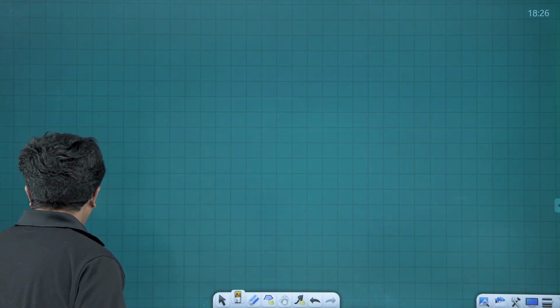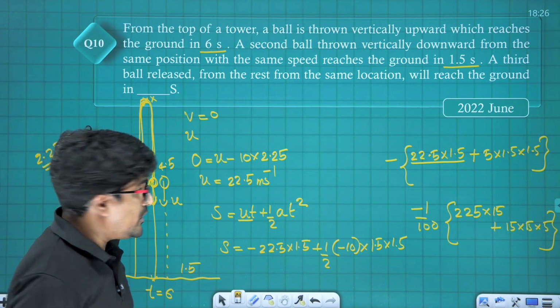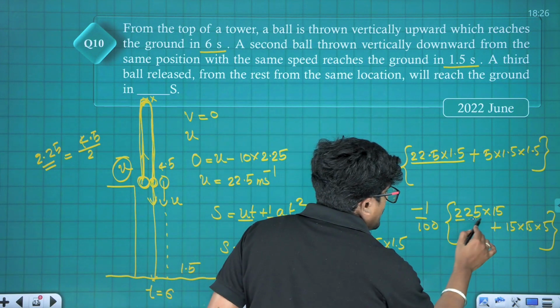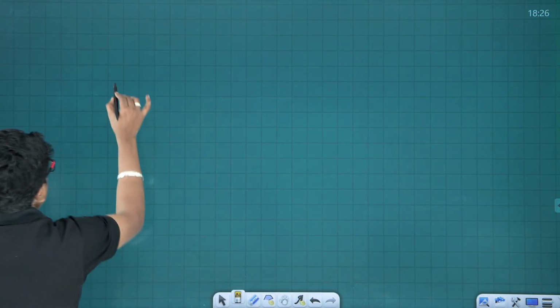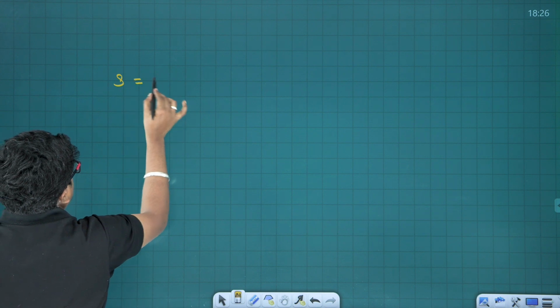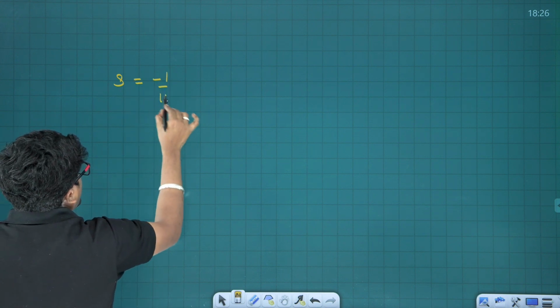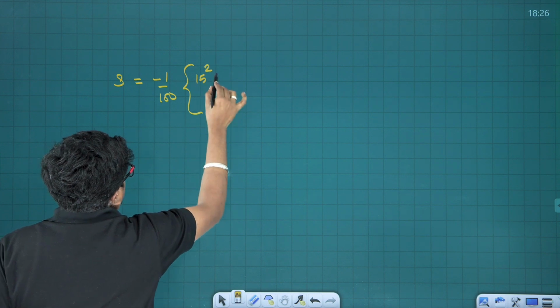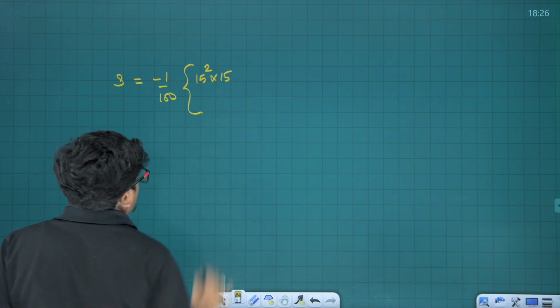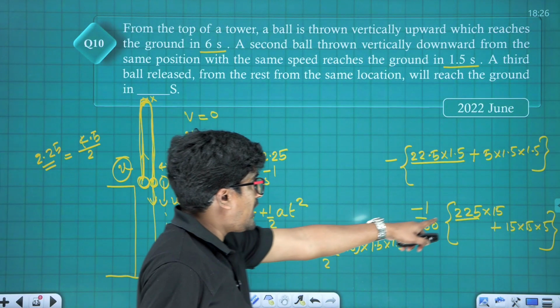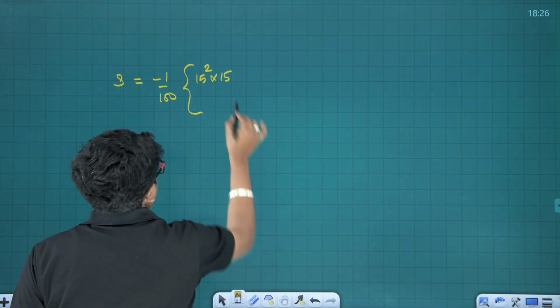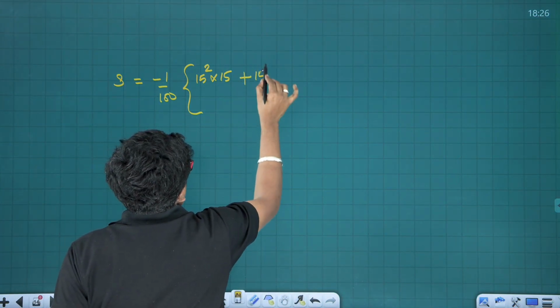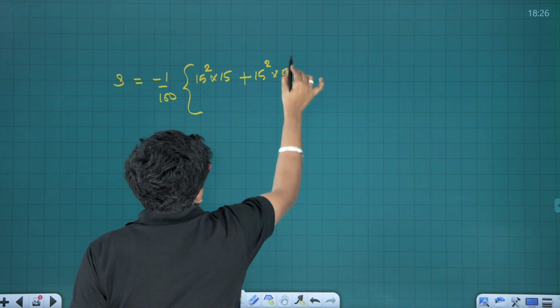Now, if I go ahead with this particular calculation, this is 15 square. So displacement S is going to be minus of 1 by 100 into 15 square into 15, plus 15 square into 5.